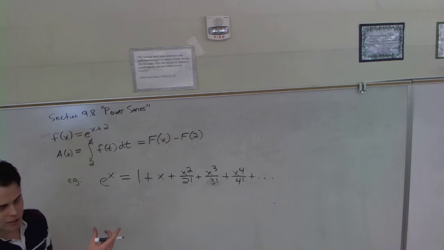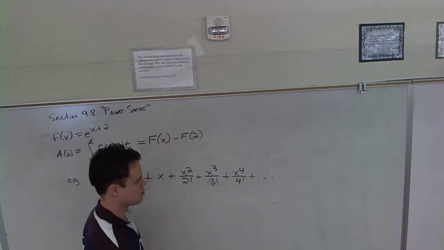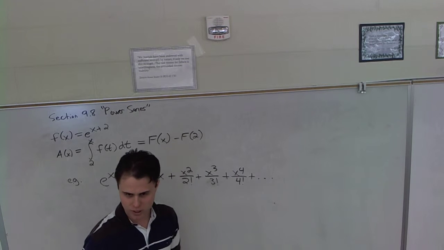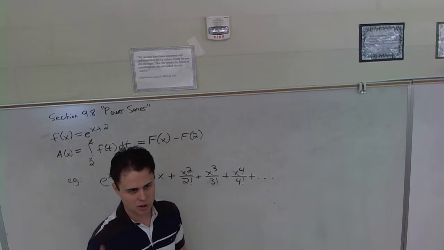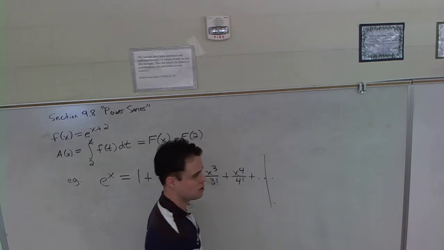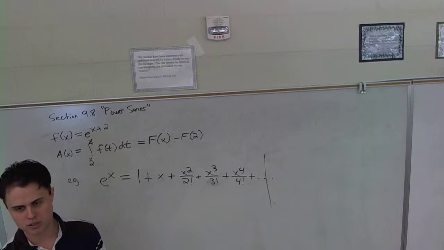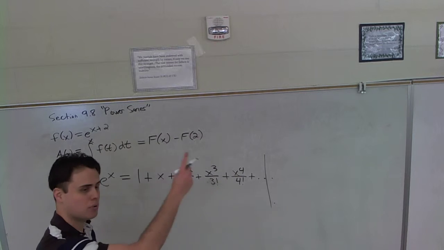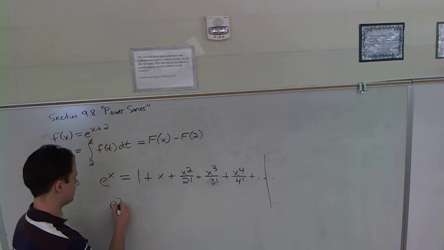It can't do that. What it does is it looks at this series and decides, we've been talking about error a lot this year, right? So it says, well, what amount of error is acceptable? And it just cuts this series off out here at some point, and it just adds up all those things to figure out something like e to the 2.